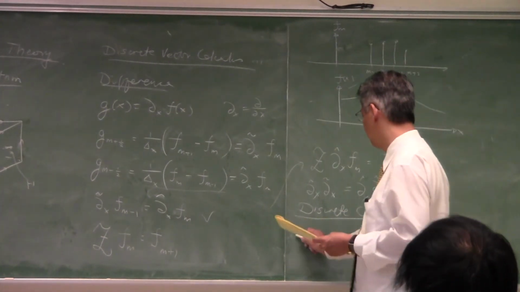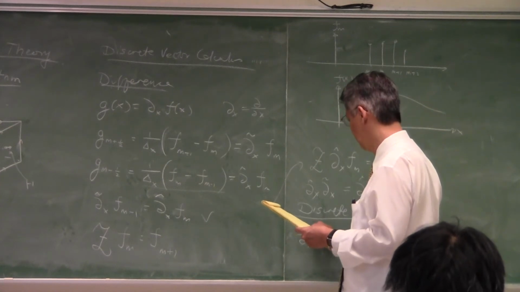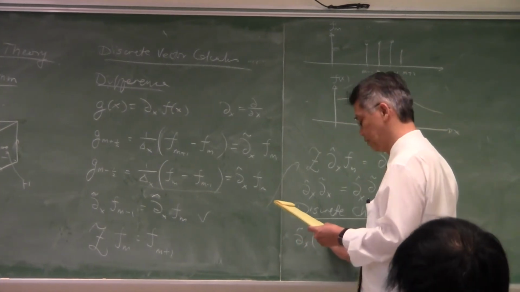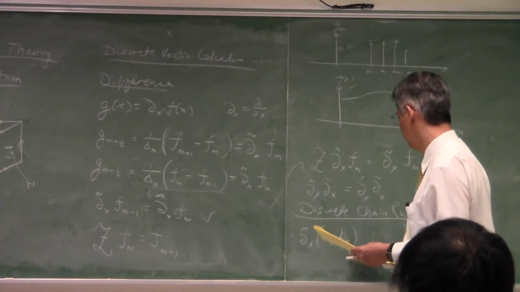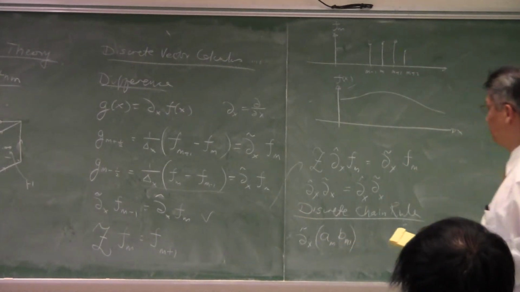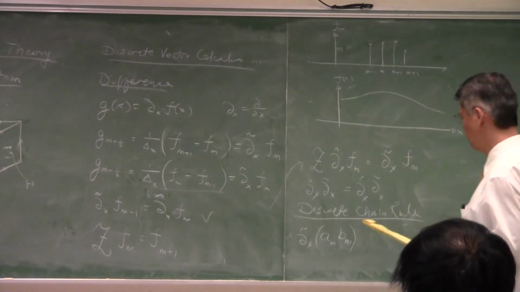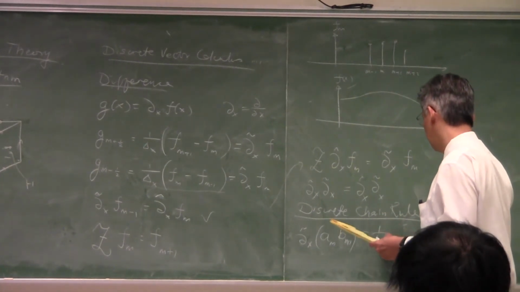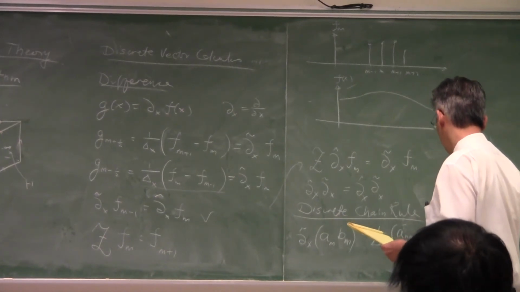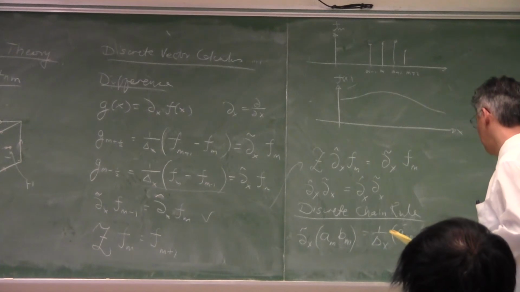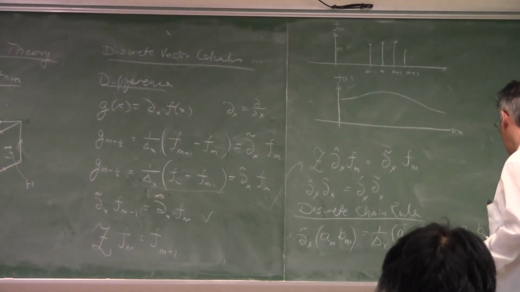That is, if I were to take the discrete partial of the product A_m B_m, this is the forward difference, and this should be given by 1 over delta x, A_{m+1} B_{m+1} minus A_m B_m.